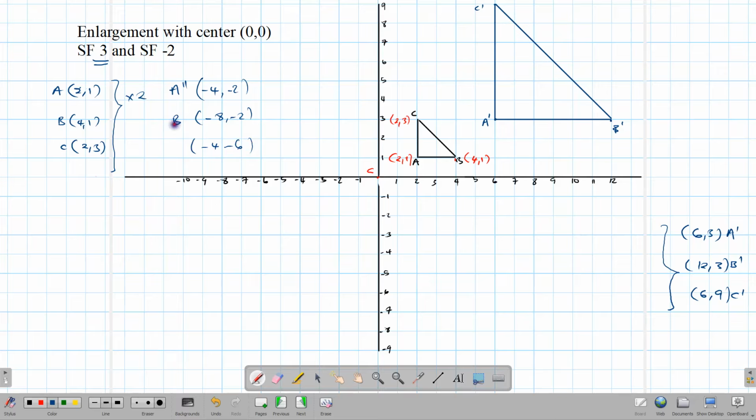So this is B double prime and this is C double prime. Let's mark these points. -4, -2 is here. -8, -2 is here. C double prime is -4, -6, so we go all the way down here for it. And we can now draw our triangle in and look at it and see what's happening.